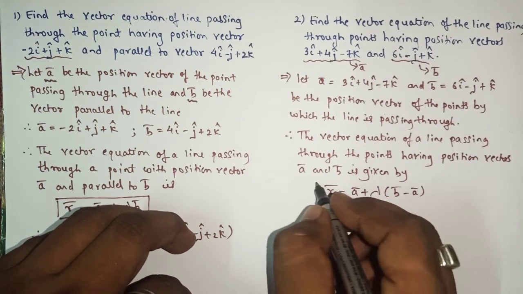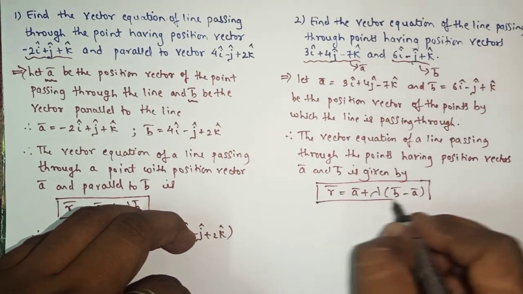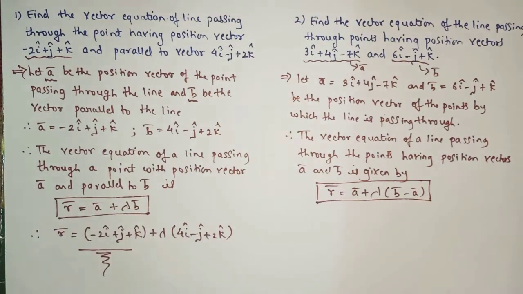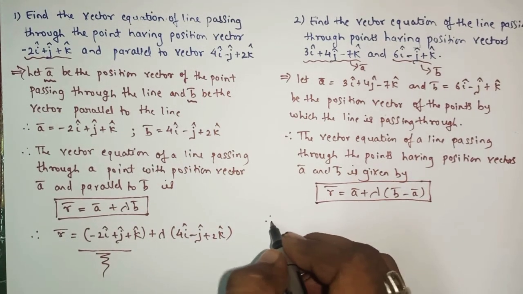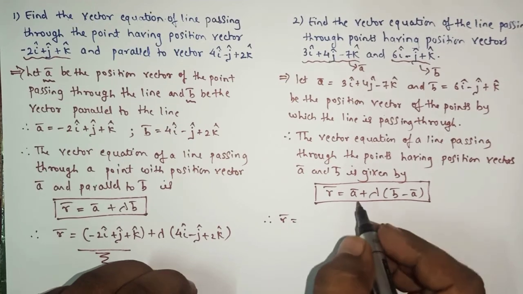Yes or no? This is the formula when we have an equation of line passing through 2 points. So therefore, R bar equals, what is A?